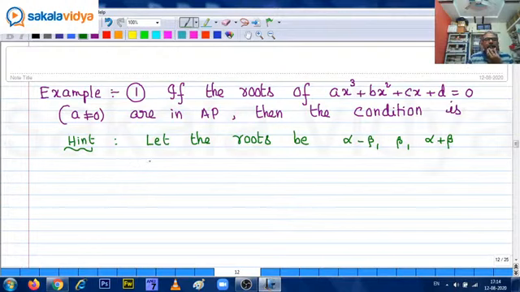S1 means sum of the roots: alpha minus beta plus alpha plus alpha plus beta.